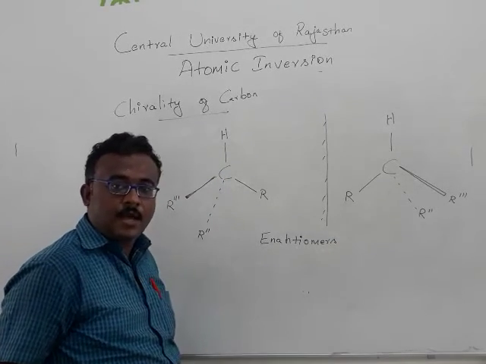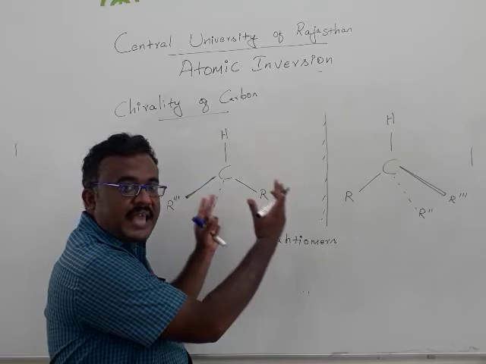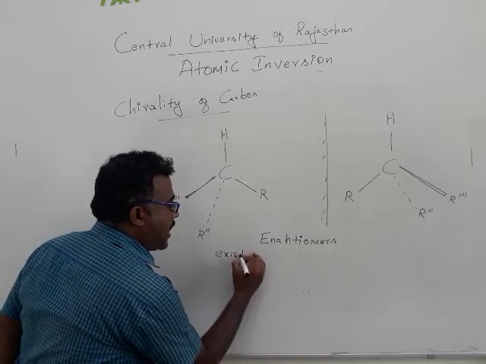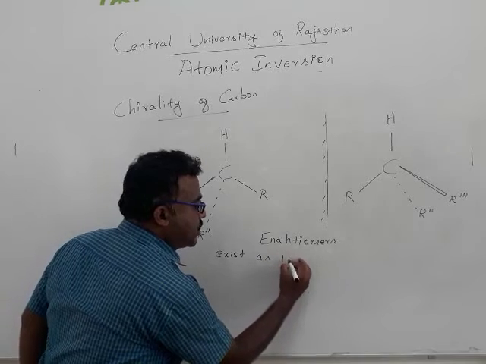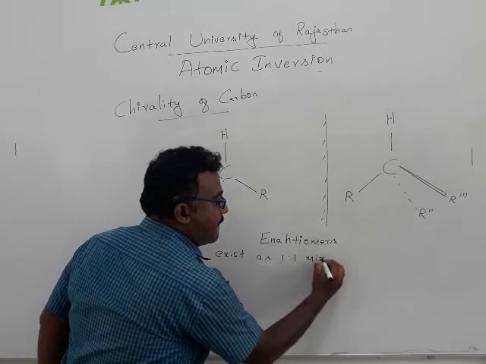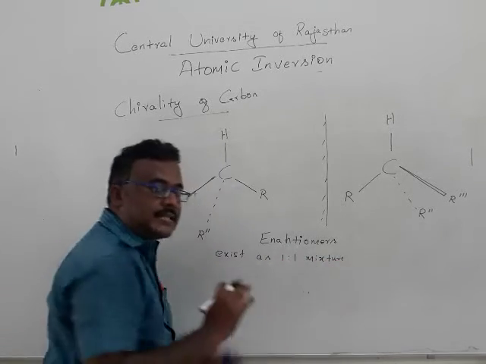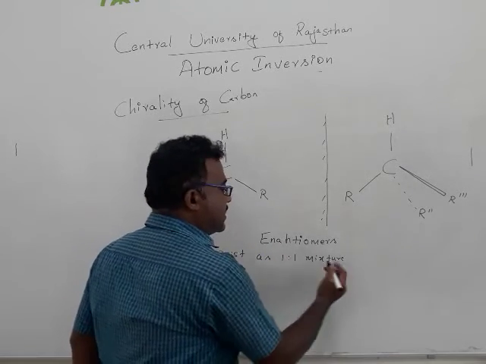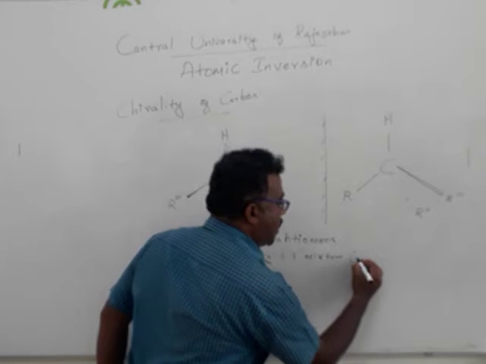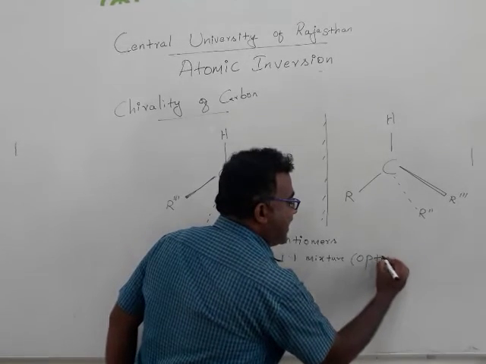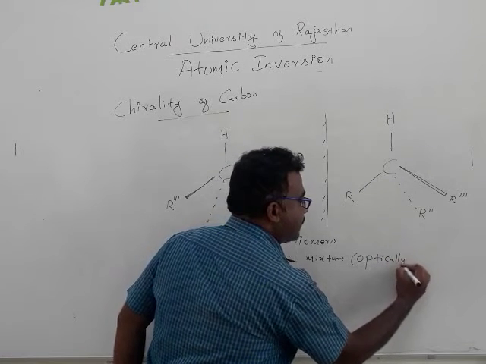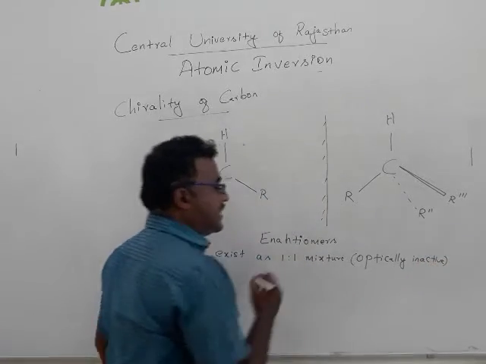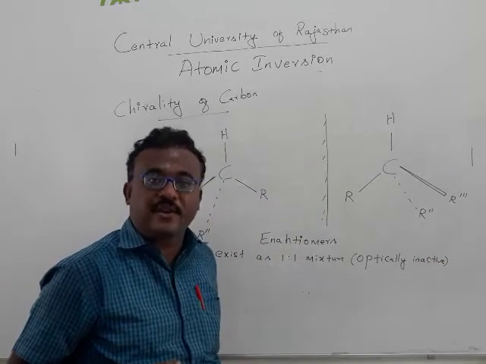In case these 2 compounds exist as a 1:1 mixture, which is non-separable, then this mixture will be called optically inactive, and that is called a racemic mixture.